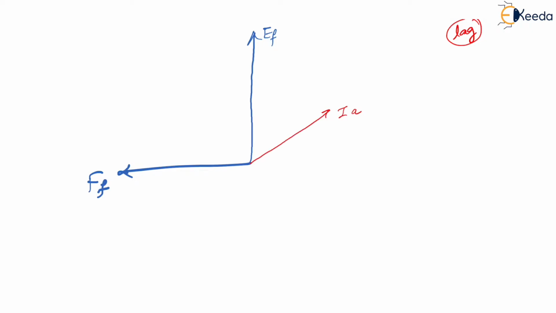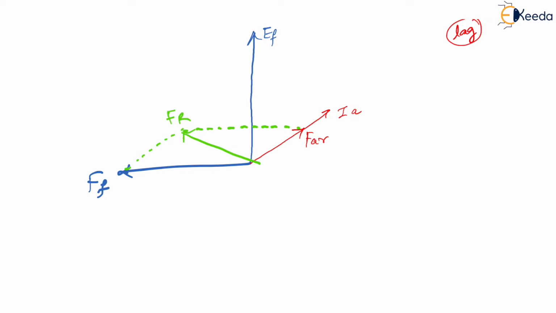This is going to be IA. Because of this IA, there has to be a flux FAR, which we have already seen in our armature reaction sessions. If you add FF and FAR, you get the resultant FR.